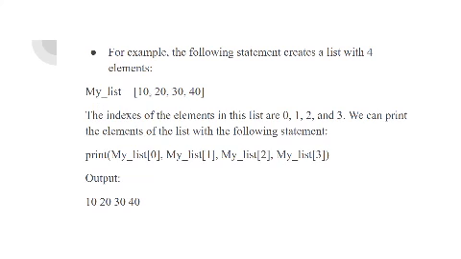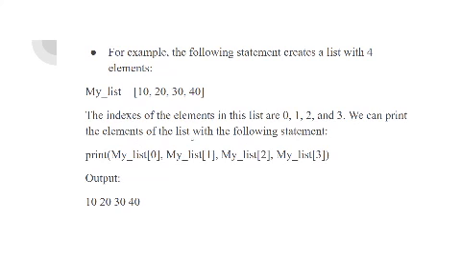Here is the list, and the first element's value is 10. The first element's index is 0, the second element's index is 1, the third element's index is 2, and the fourth element's index is 3.